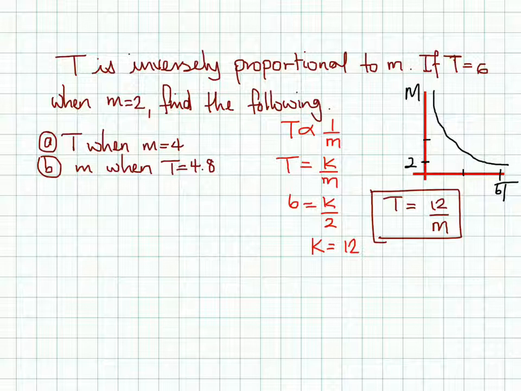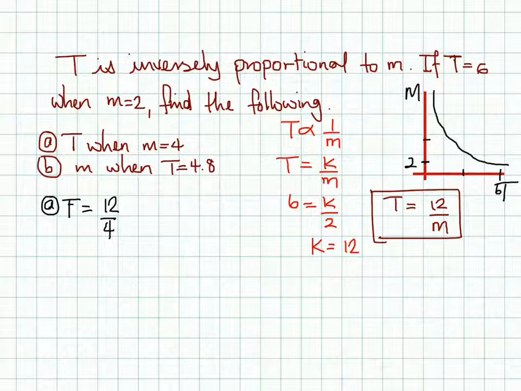So to solve part A, I am now going to say T is equal to 12 over 4. And that's because I'm keeping the T, that's what I'm trying to find, and M is equal to 4.